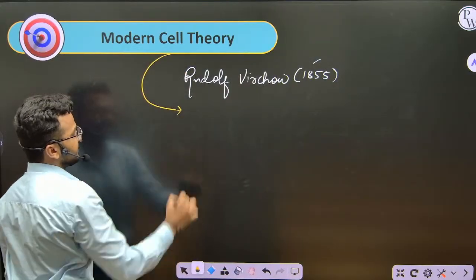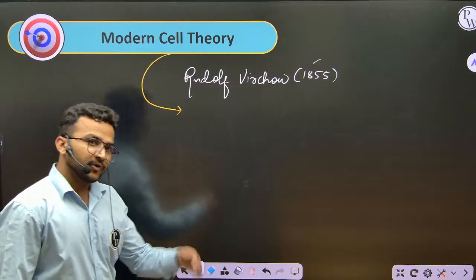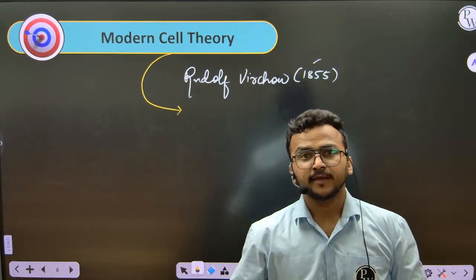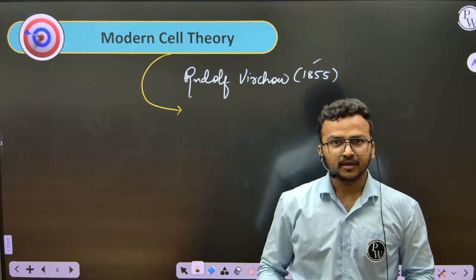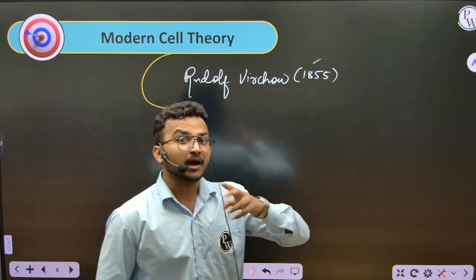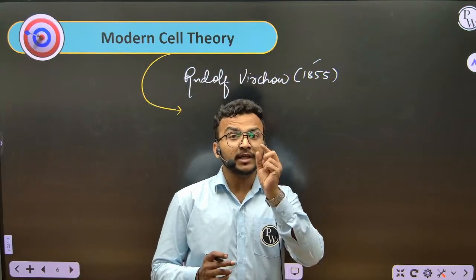Modern cell theory in the sense, we know already that all the organisms are composed of cells and the products of cells. But nowhere was it explained how the new cell is formed.